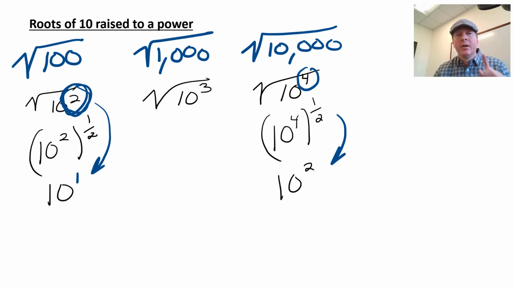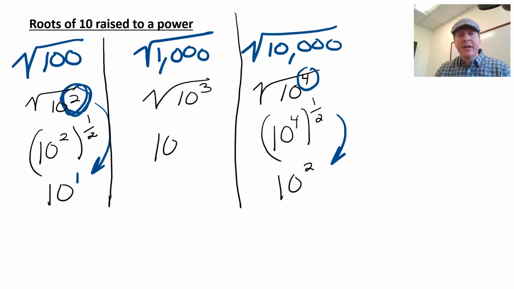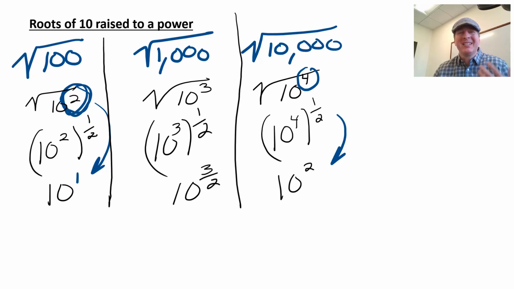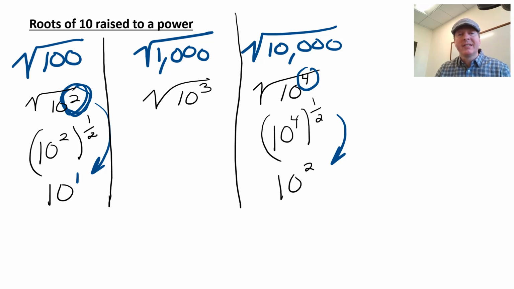Now, that's all well and good, but how about the square root of 10 cubed? Well, if I write this as 10 cubed raised to the power of 1/2, I have what? I have 10 to the 3/2, but that's kind of ugly. That doesn't seem to be very helpful. There's another way you want to write it. The square root of 10 cubed is the same thing as the square root of 10 squared times the square root of 10, which is what?